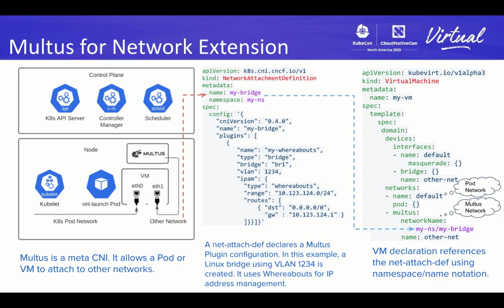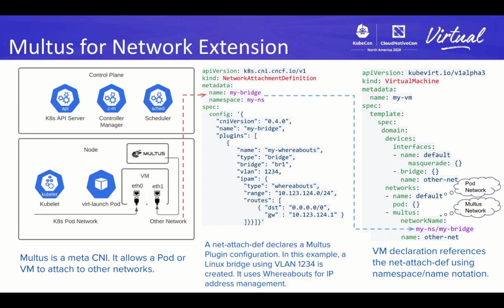The network attachments definition is referenced in a virtual machine's networks API. On the right side of the YAML, the networks API supplies a number of types. The pod type is the Kubernetes pod network. The Multus type is a reference to the network attachments definition using the format namespace/name.